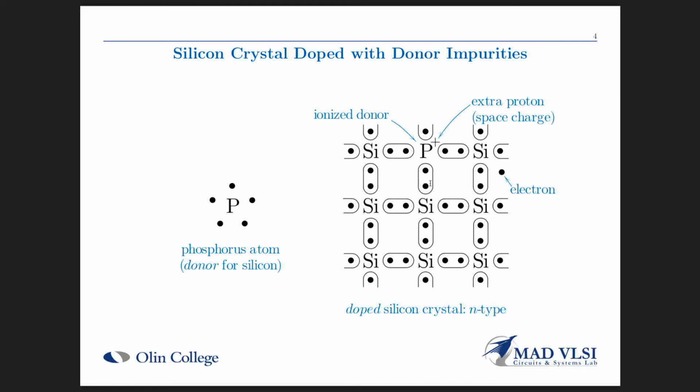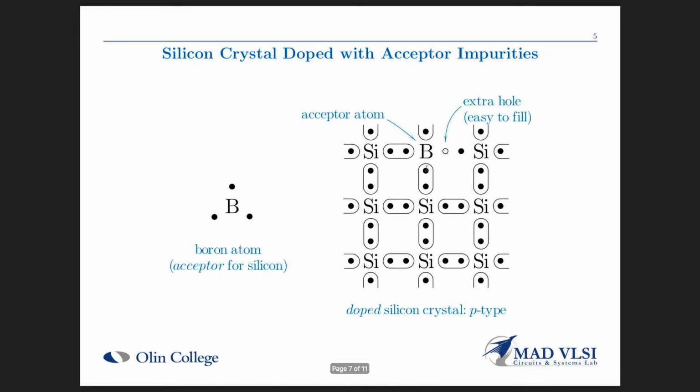Okay? So if we instead think about what would happen if we introduce a group 3 element instead of a group 5, we have a similar kind of thing, only this comes, it turns out, with a hole instead of an extra electron.